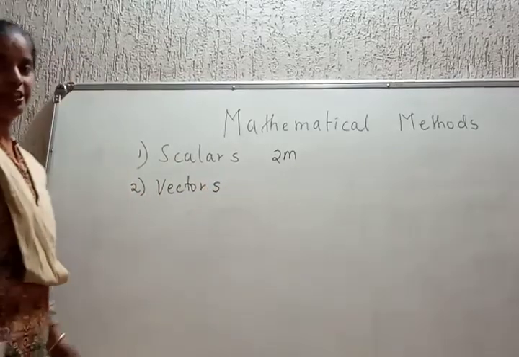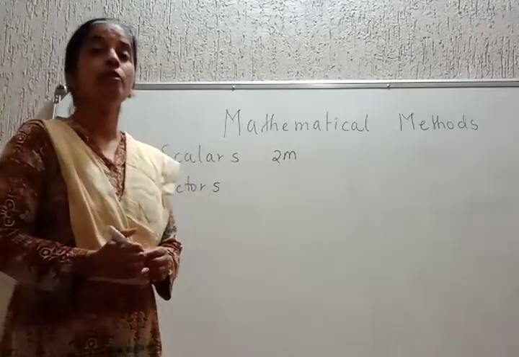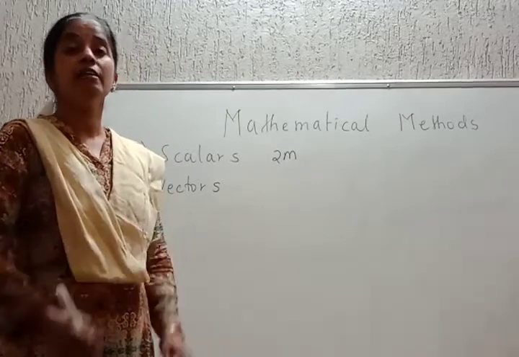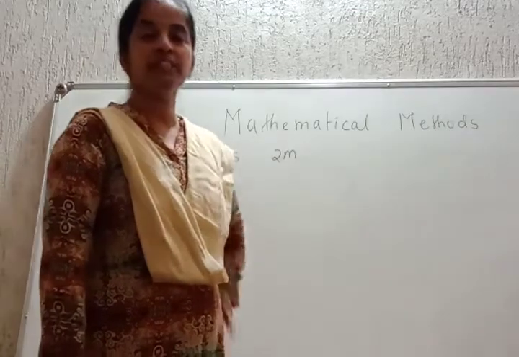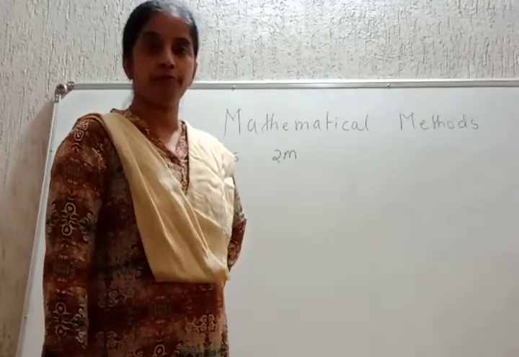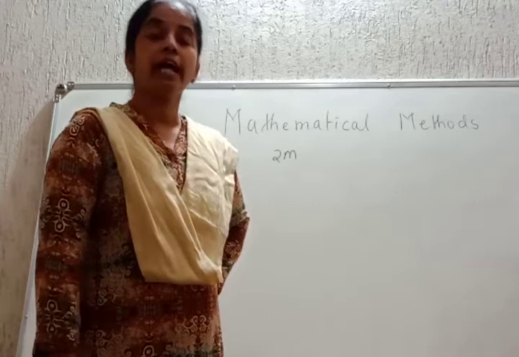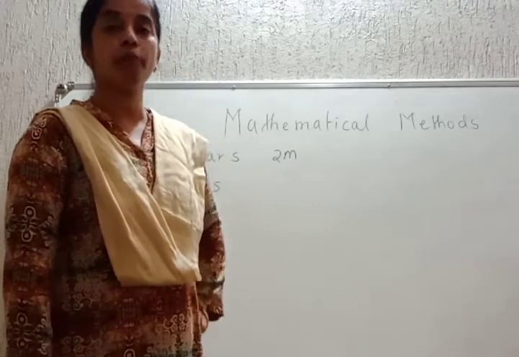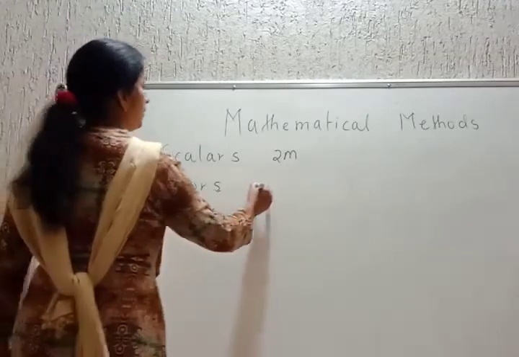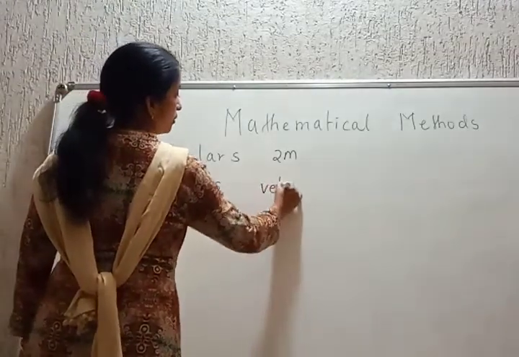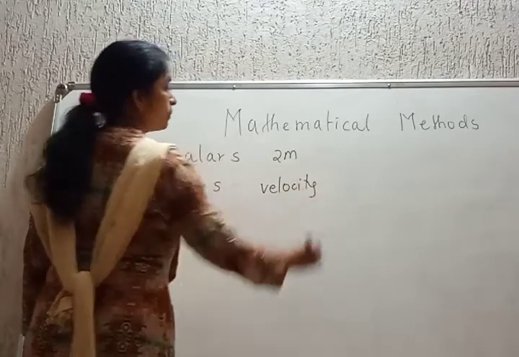Vectors are the quantities which require magnitude and direction for their complete information. Means magnitude is not enough. You require even direction to give complete information about them. Vector quantities are given as velocity. I am not speaking about speed.